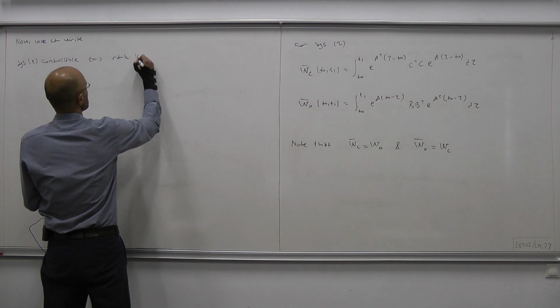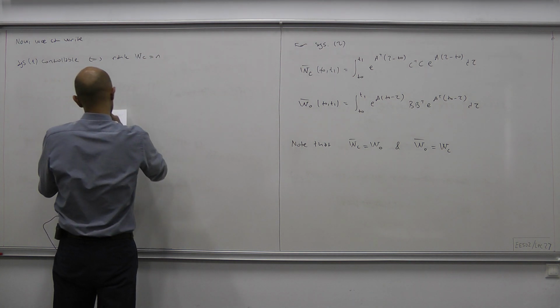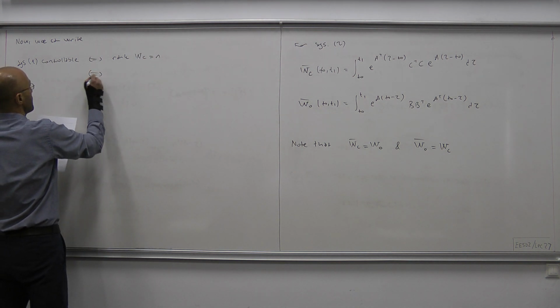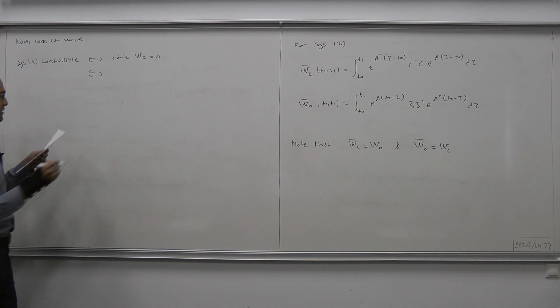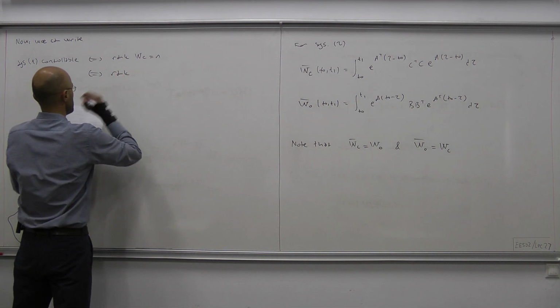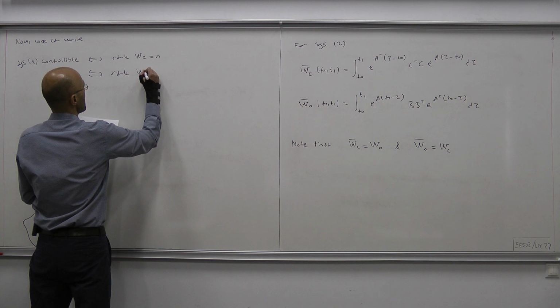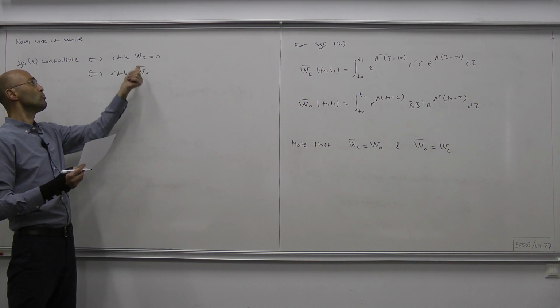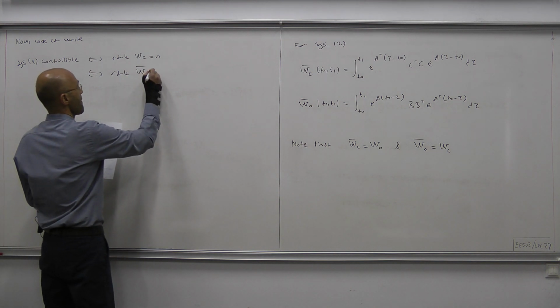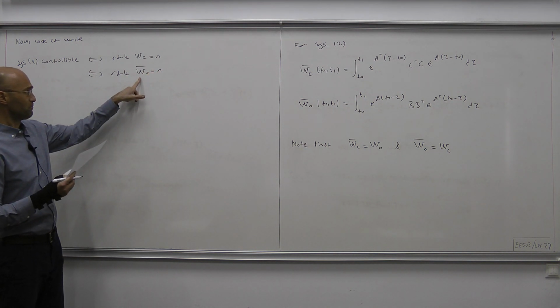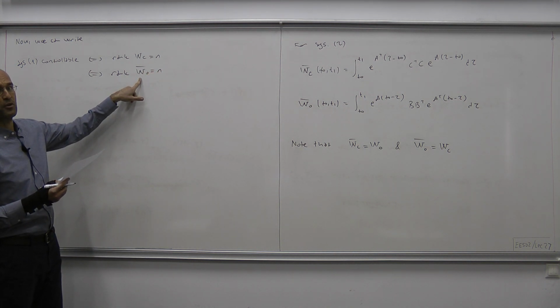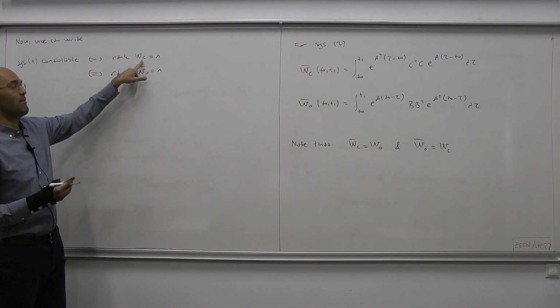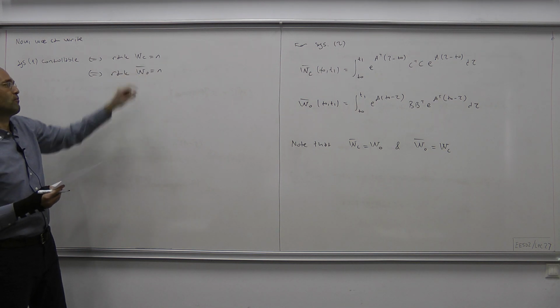Rank W_C equals n. Now, rank W_C equals n is same thing as rank W bar O is n, because this Lagrangian, observable Lagrangian of the second system, is same as the controllable Lagrangian of the first system.